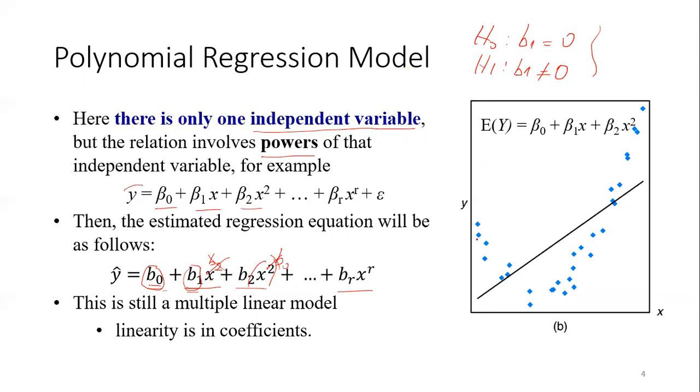Just look at this one: the expected value of y, mu y given x, is beta 0 plus beta 1x plus beta 2x squared. It increases with the linear term x and decreases with the quadratic term of x. So you can fit a multiple linear regression using beta 0, beta 1x, and beta 2x squared. This is like your first x, and this is like your second x.